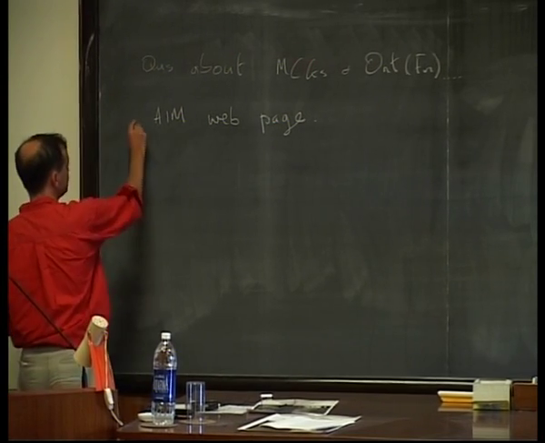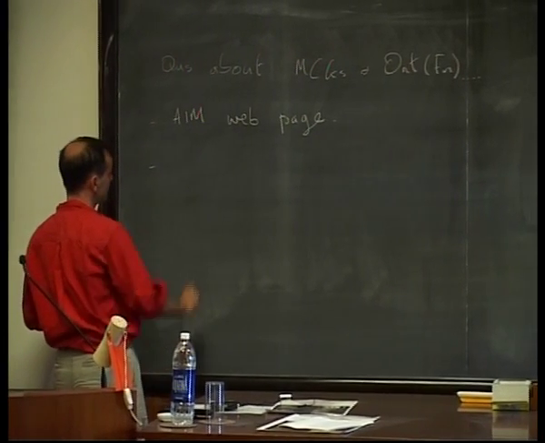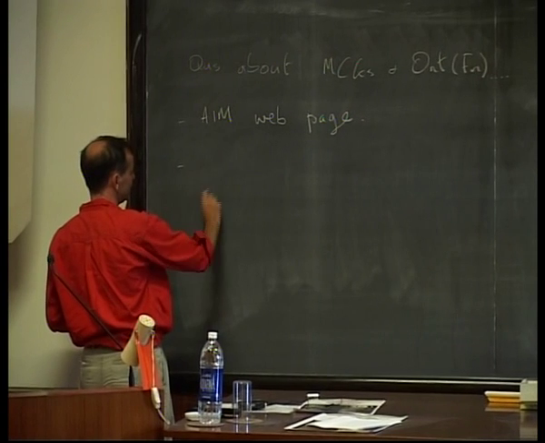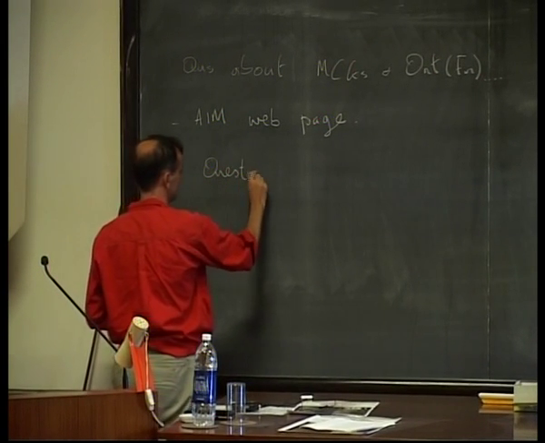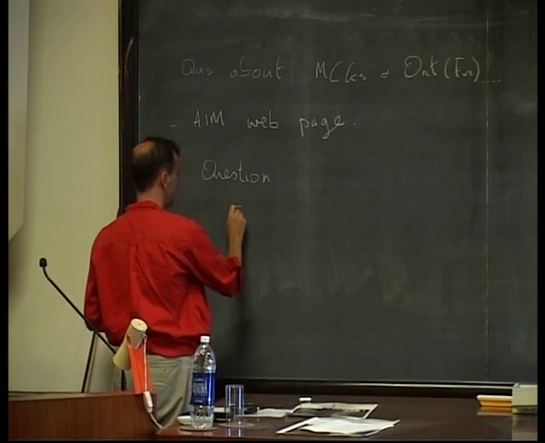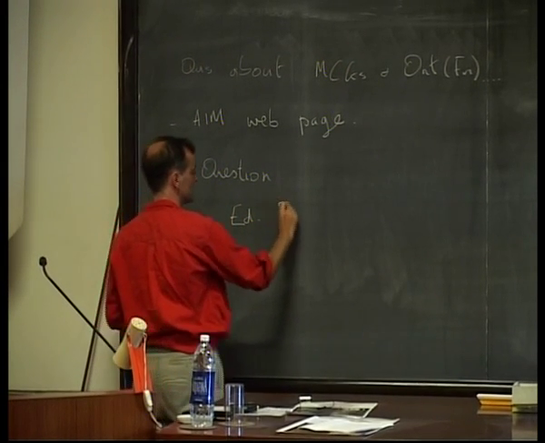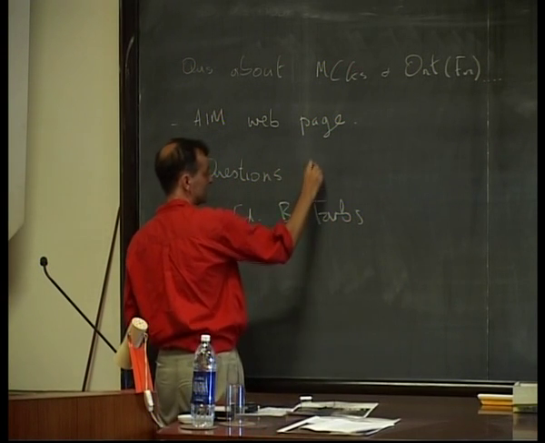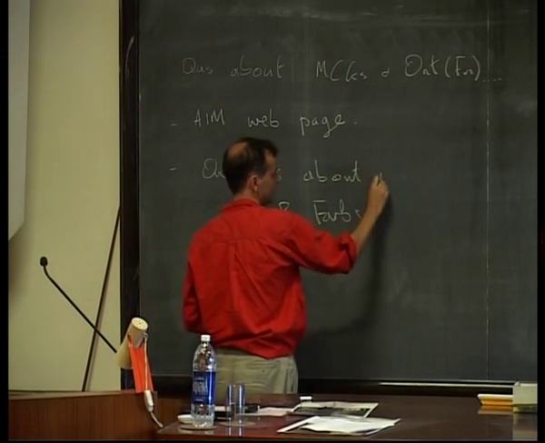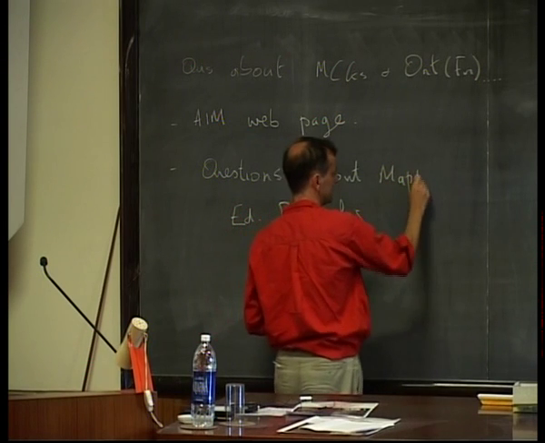Okay? And another place is a book whose title I can't remember. It's got questions about the mapping class group or something. The editor is Farrell, anyway. That's not exactly the title, so it's something like that.